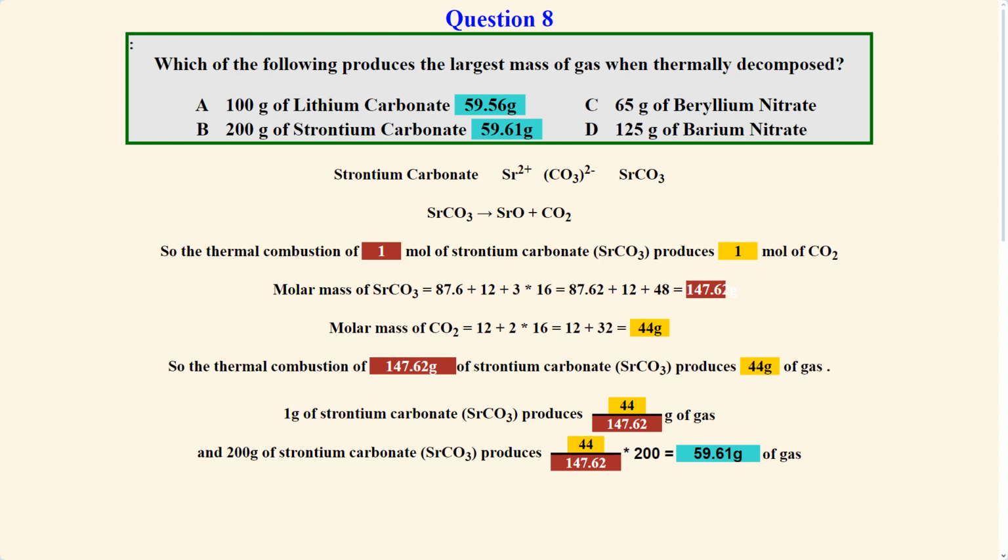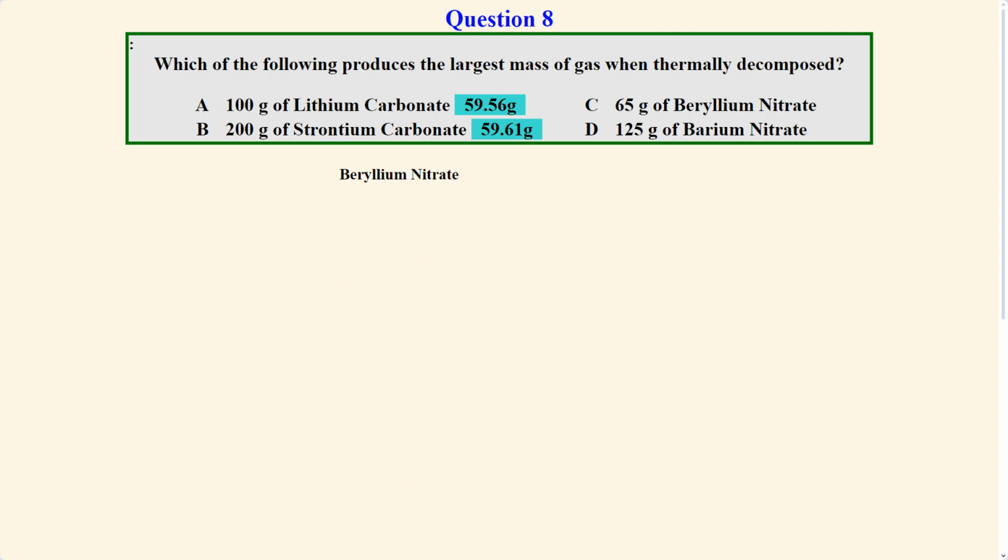So now let's go to C, the beryllium nitrate. So again we need a formula, beryllium group 2, so produces the Be2+ ion, nitrate NO3-. So we're going to need 2 of those nitrate ions, so we've got 2- to balance the 2+ in the beryllium. So the formula is going to be Be(NO3)2.